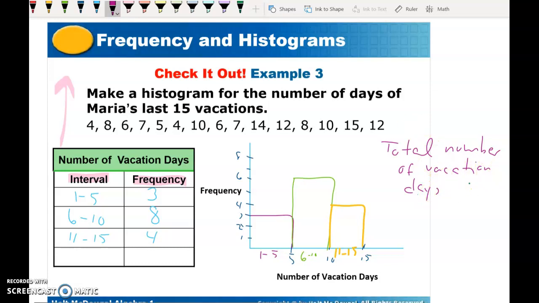Oh, I'm sorry, the total number of vacations. I read that wrong. Total number of vacations that Maria took. So, question mark, there we go.